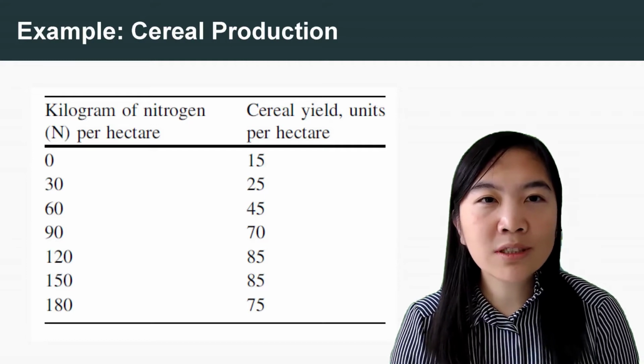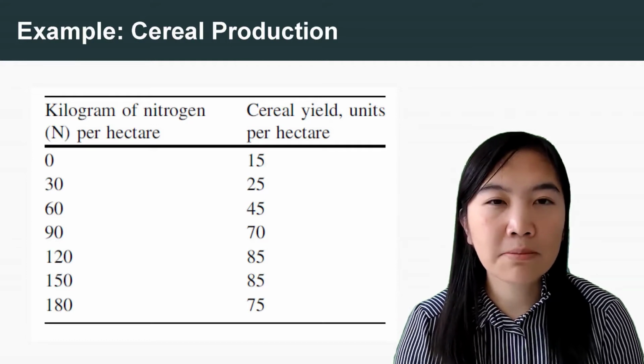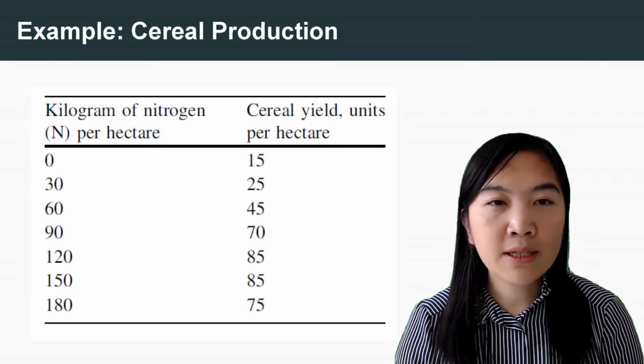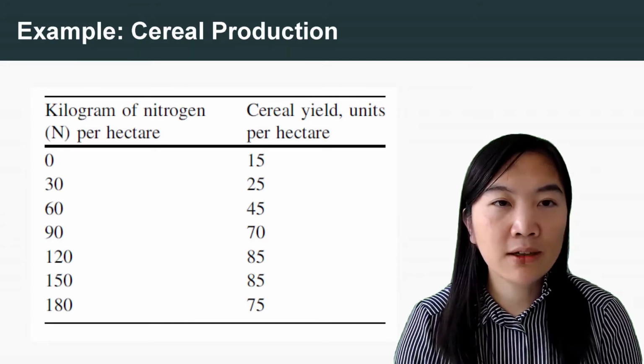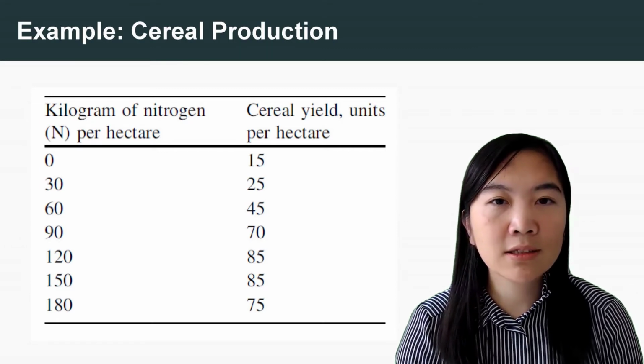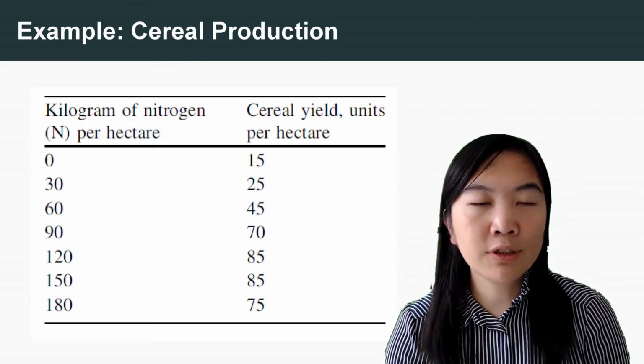And usually the production function is based on empirical observation. What I mean by that is that, for example, you have an experiment, and here, for example, there are 7 rows here, and you did an experiment.